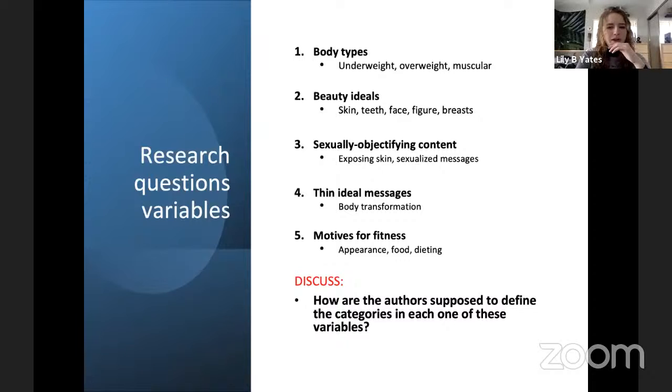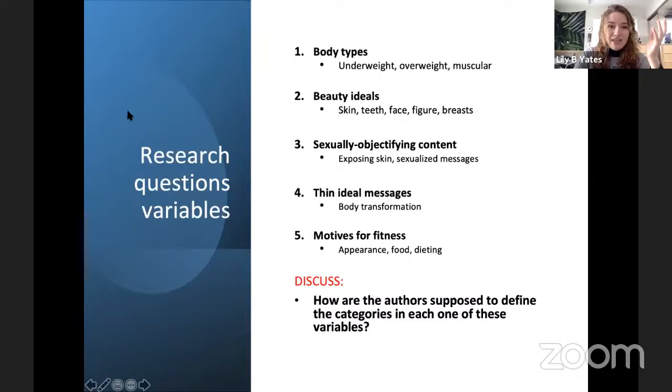I think you would have to go through each of these in your study and explain where you're coming from in defining each of these, and also acknowledge that there may be some room for debate in some of these categories. Especially exposing skin being under sexually objectifying content, that is something that, reading this study, I could debate and say exposed skin might not be sexually objectifying.